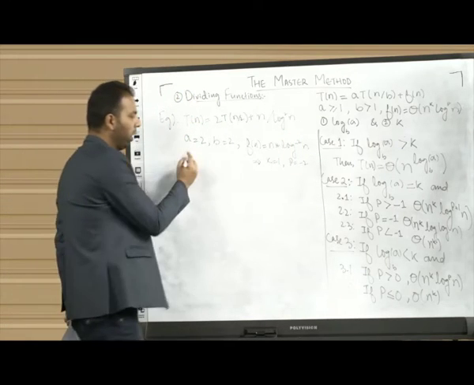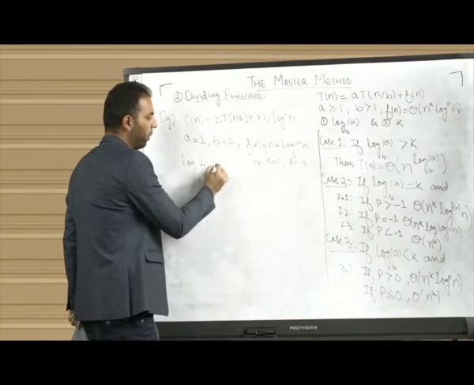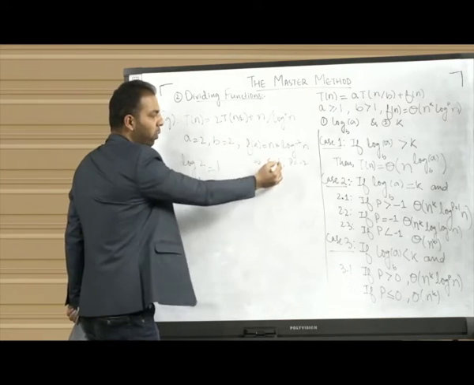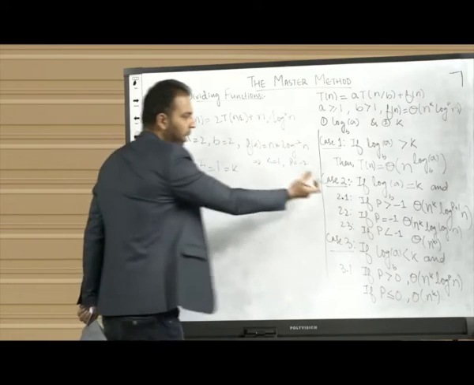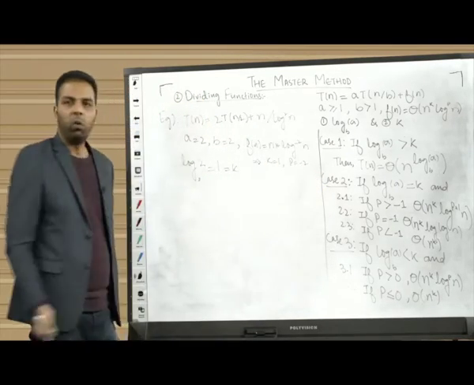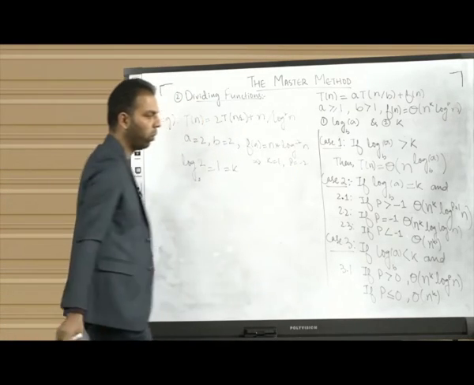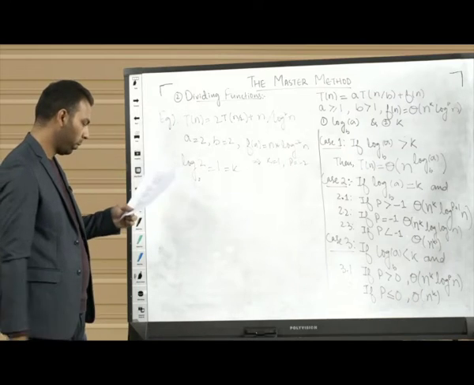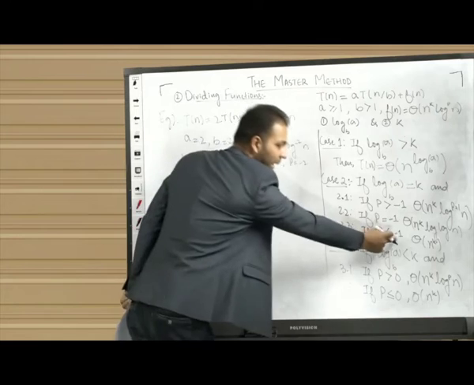Again, we calculate log a to the base b, that is log 2 to the base 2, that is 1. 1 is equal to k, because k is also equal to 1. So again it meets case 2. Now we look at the value of p. The value of p is minus 2, which is less than minus 1.